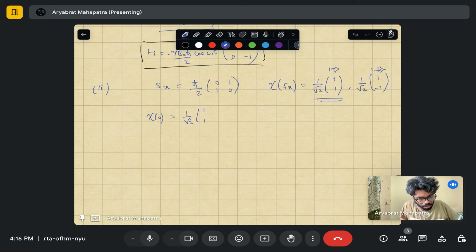Then we need to calculate chi of t. We will write chi of t as a of t and b of t.